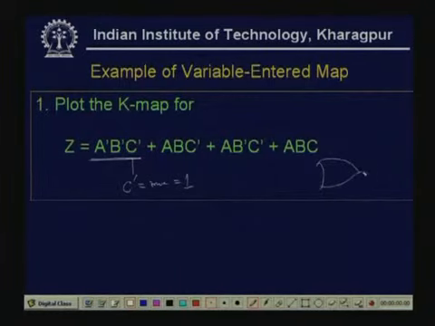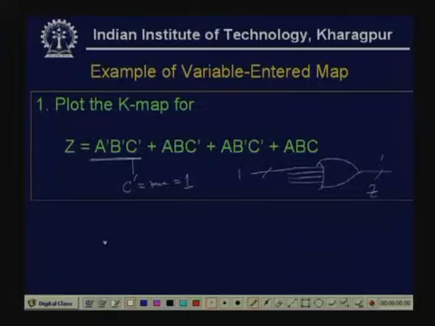That means again if we realize, this is nothing but a 4 input OR gate, and if any one of the inputs of the OR gate is 1, then the output will be 1. So, this Z will be 1.